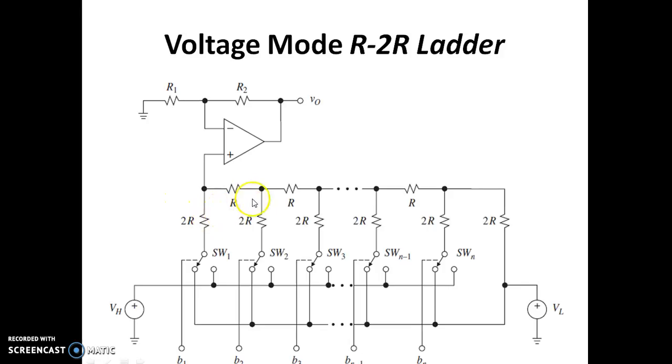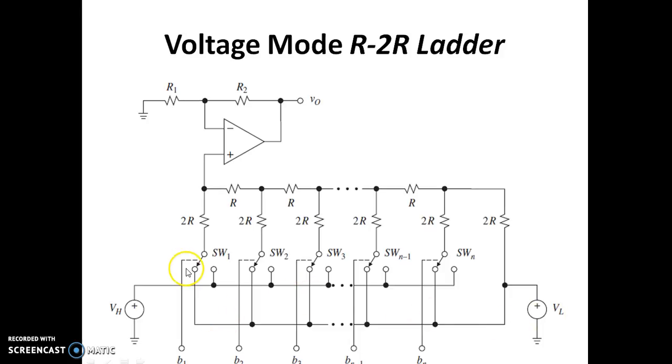We have 2R, R, 2R, R, and this ladder is connected, and the switches SW1 to SWN will be used to switch the input voltage from VH to VL. This VH can be VCC and VL can be 0, or VL can be some other voltage other than 0.